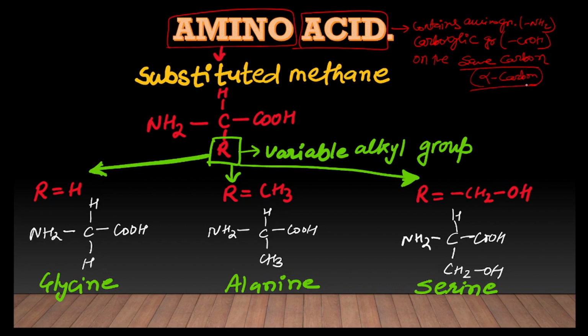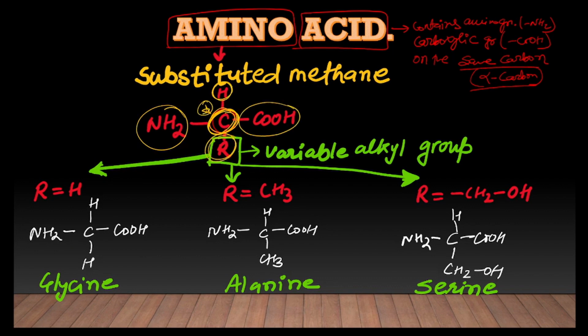What do we call it? Alpha carbon. Amino acids are optically active, because this is the alpha carbon and all groups are different: NH2, H, COOH. So this is a chiral carbon.